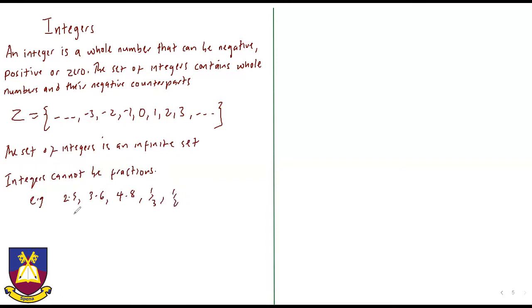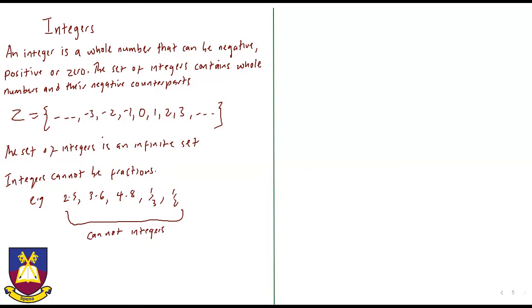All these decimals and fractions cannot be integers. Integers are first of all whole numbers, but they can be positive, they can be negative.